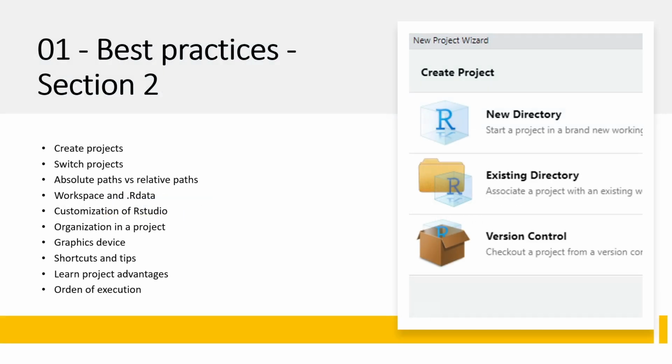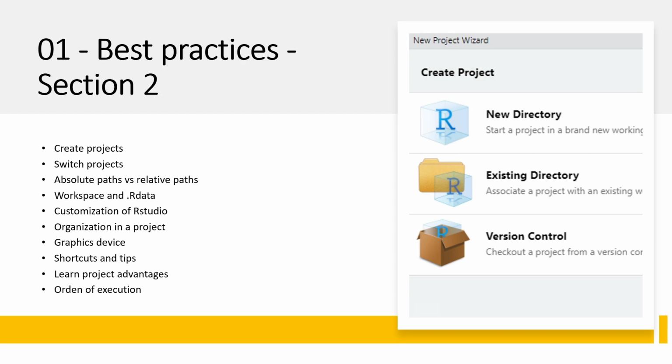In the best practices section, we can find section 2 about RStudio projects, and here we will see topics such as creating RStudio projects. We will see how to switch between different RStudio projects. We will talk about the importance and relevance of absolute paths and relative paths. We'll understand what the workspace and the .RData file do and why we should never work with them.